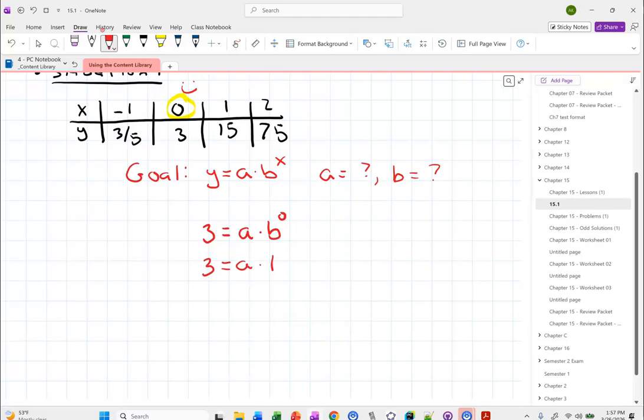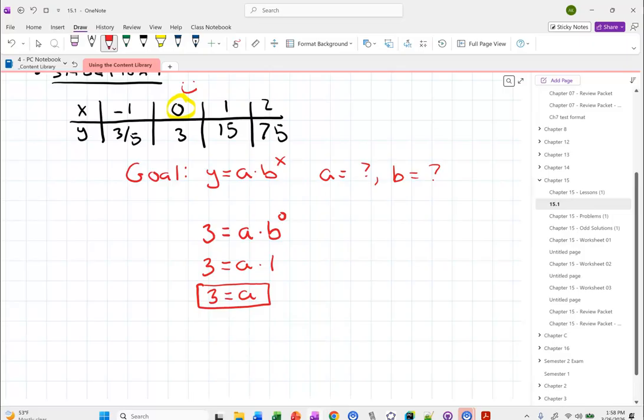So a is 3. I thought b can't equal... b isn't 1. b to the 0 is 1, which is fine, right?